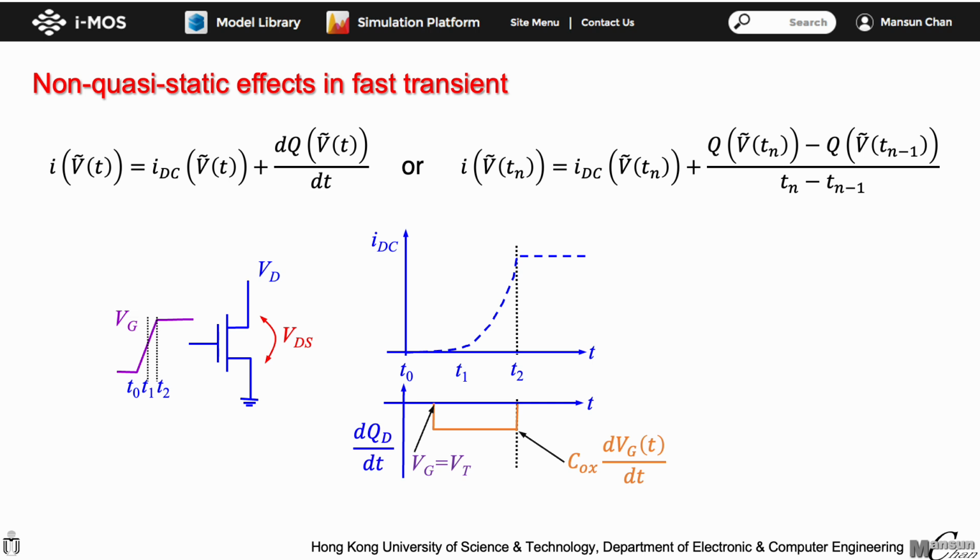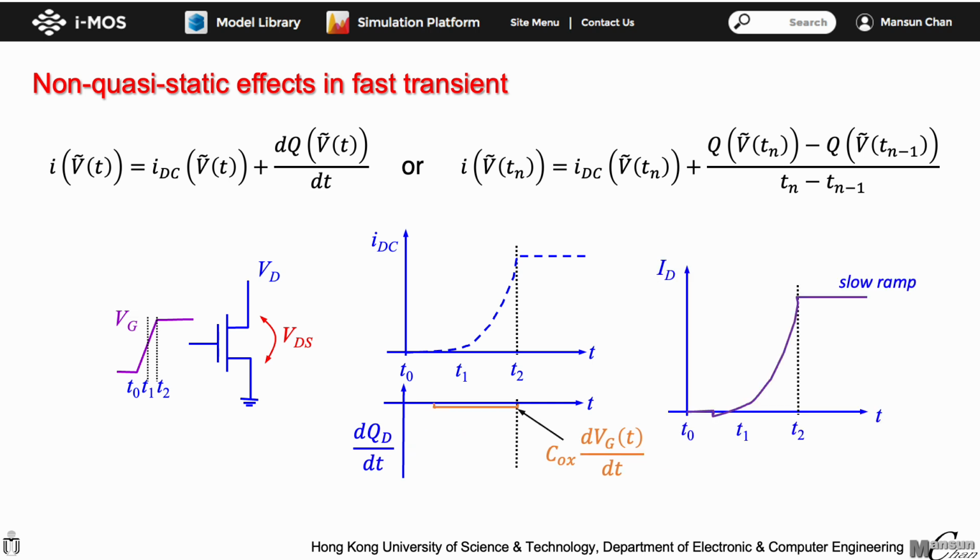After T2, Vg is no longer changing, and dVg/dt is back to 0. If the ramp is slow, the charging term is small due to the small dVg/dt. The output current is just similar to the DC current. When the ramp rate is very fast, the charging term can be very large.